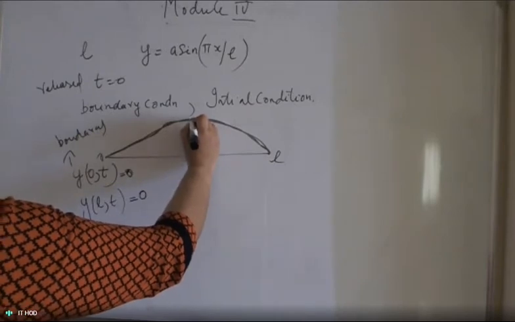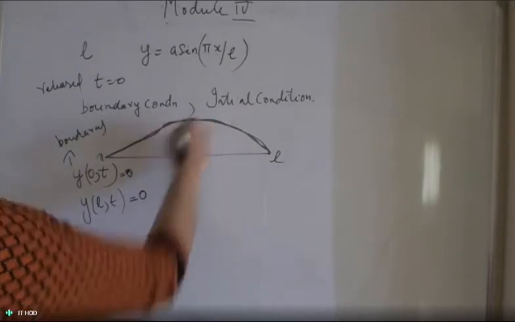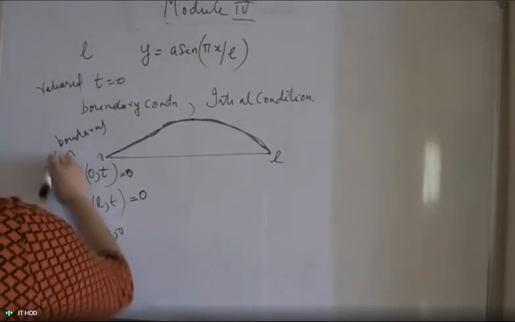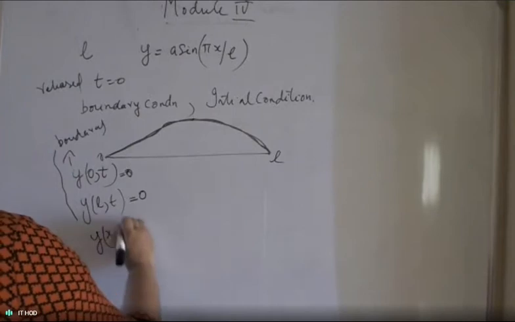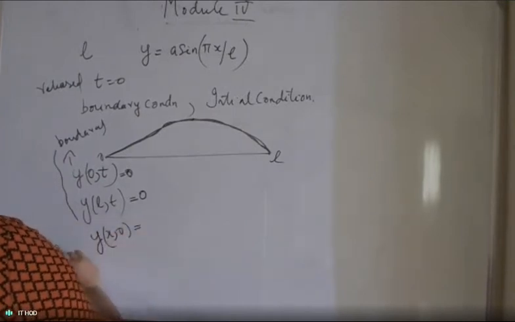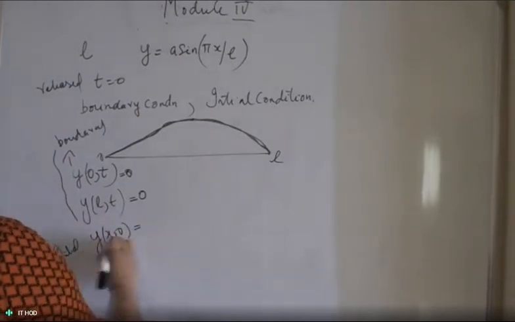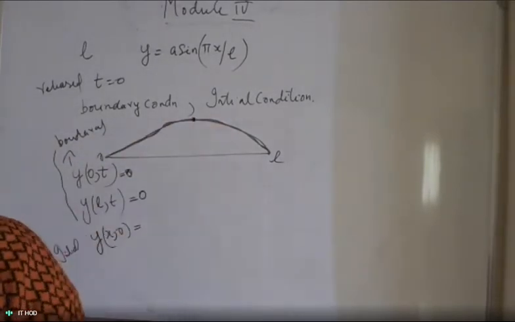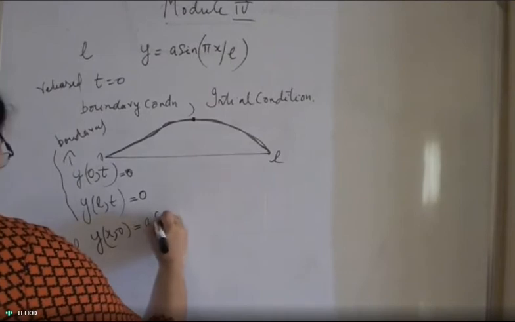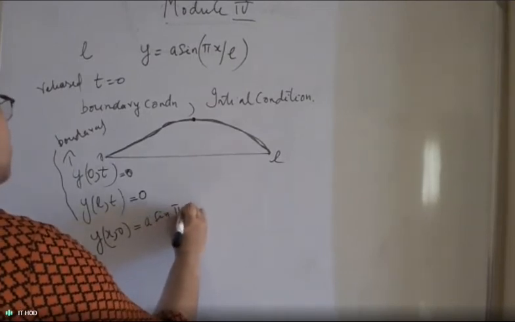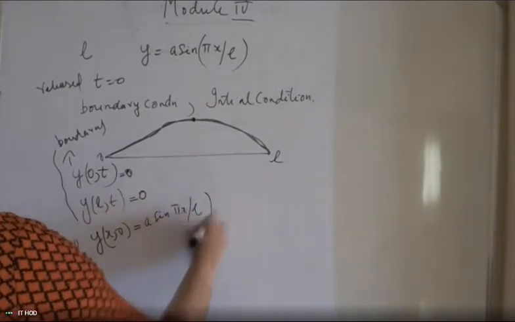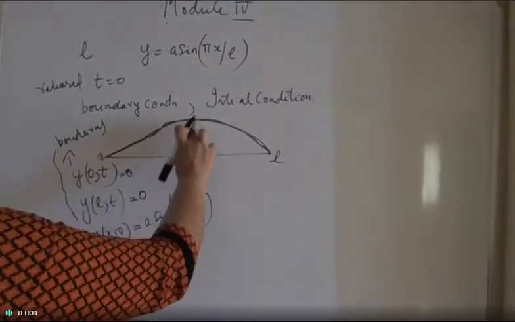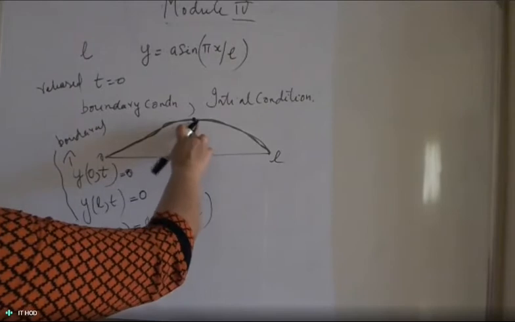So at time t equal to 0, the displacement, that is y(x, 0), is our initial condition. Initially the string is in this position. At time t equal to 0, what is the displacement? They have given it as a sin(pi x by L). Now one more thing is there. What is the velocity at this position?